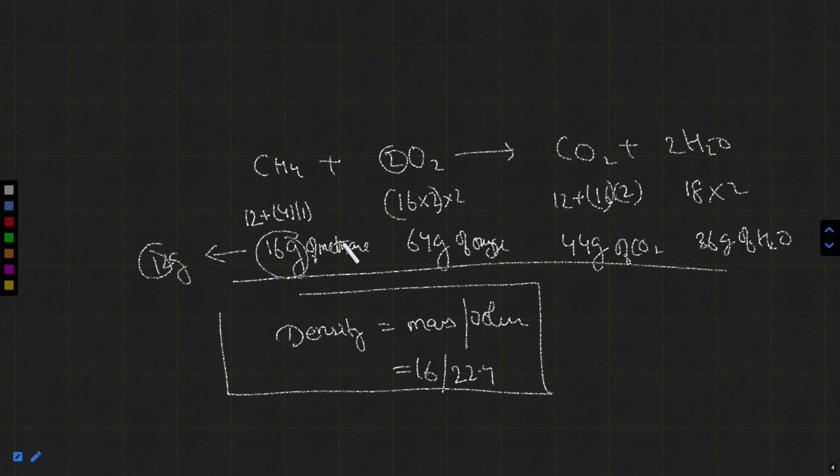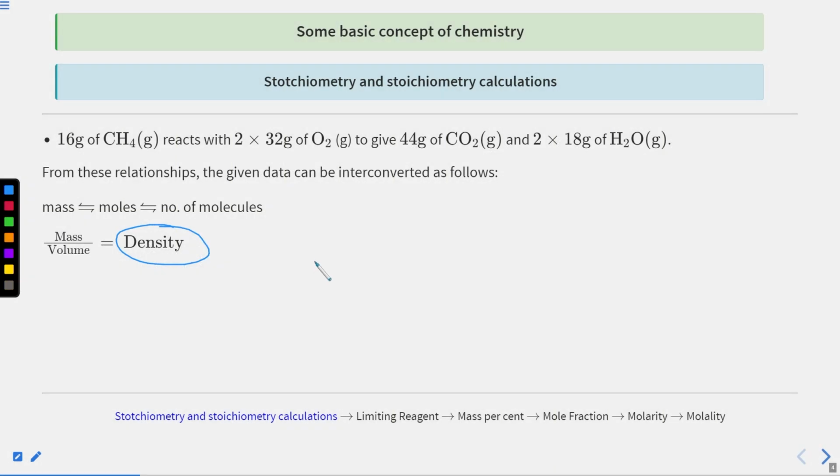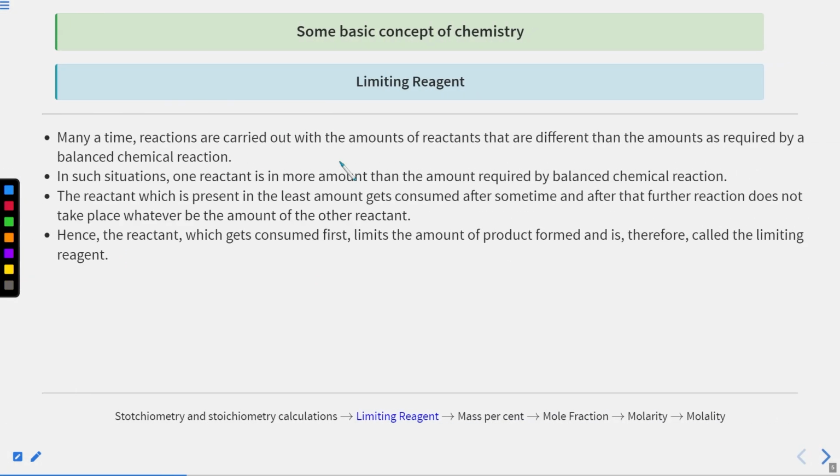In that case, what will happen? All of this 12 gram will be consumed, but we will be left with some amount of oxygen, because 64 gram reacts with 16 gram, but 64 gram will not totally react with 12 gram. That would leave us some amount of oxygen, and in that case we will call methane the limiting reagent. Clear?